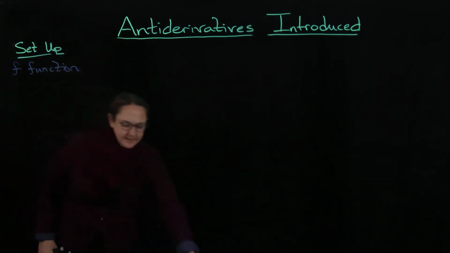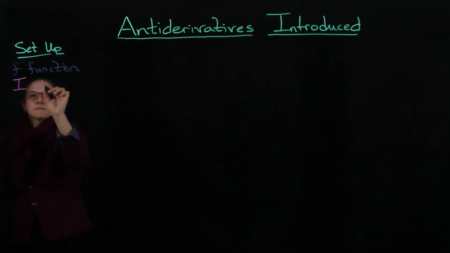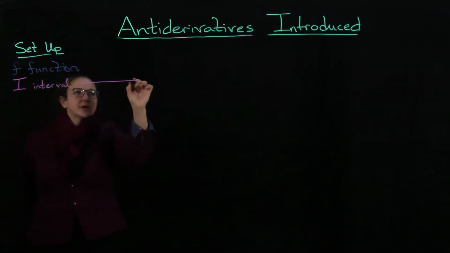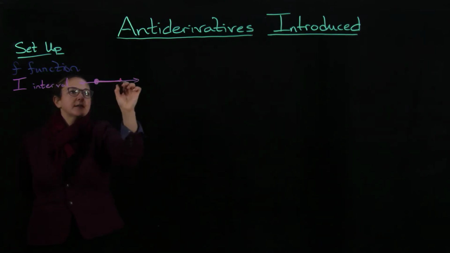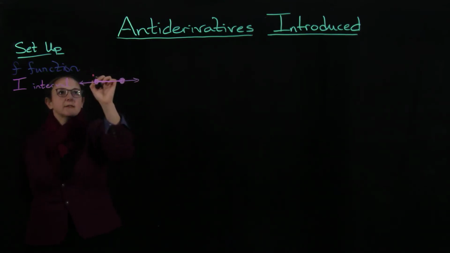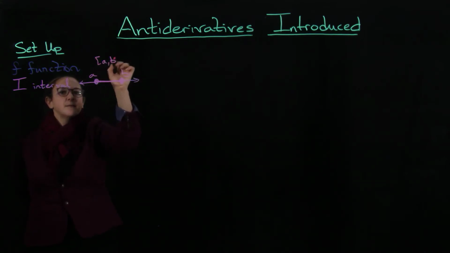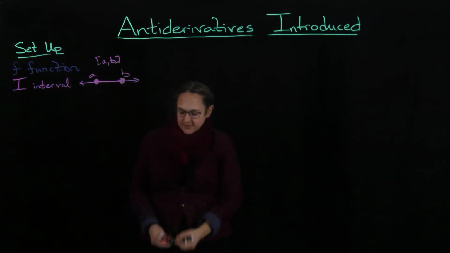And I is going to be some interval. So you can picture it like this, maybe it's an interval like this. So this would be a and b, and if it looked like that, then our interval would look like (a, b), right? And so that's kind of our setup, and then we have our definition.